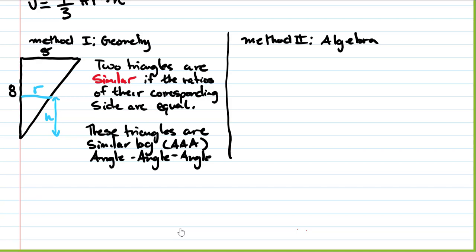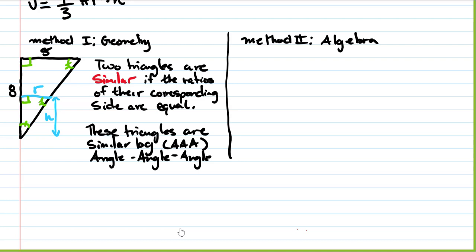Because if we look in our triangle, well, they share that angle. Both of these are right angles. And if they have two angles that are the same, then their third angle automatically has to be the same, right? Because you calculate the third angle by subtracting off the first two from 180. So by angle, angle, angle, these two triangles are similar.